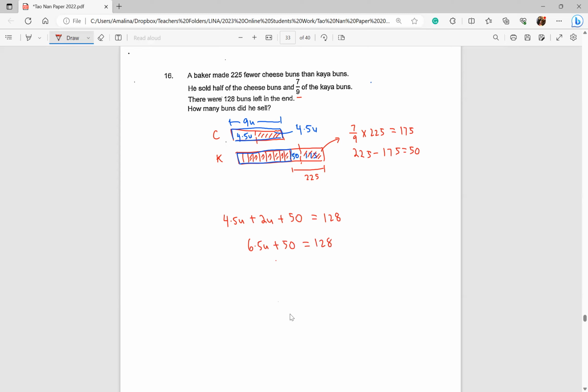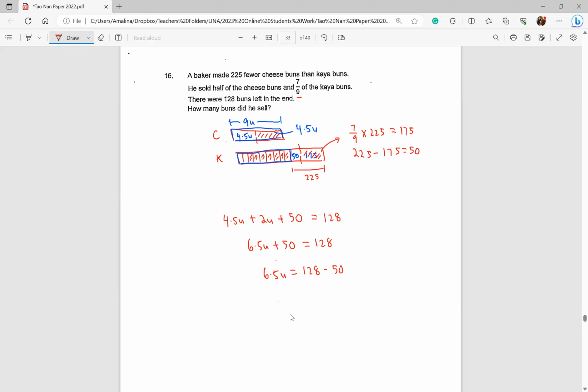So how do you find for 6.5u? Okay, so if I want to find this one, I need to take my 128 minus my 50. It's a bit like your part and whole. Okay, if it's hard for you to see, use a finger, cover your 6.5u. You notice that you have to subtract off your 50 to find this part.